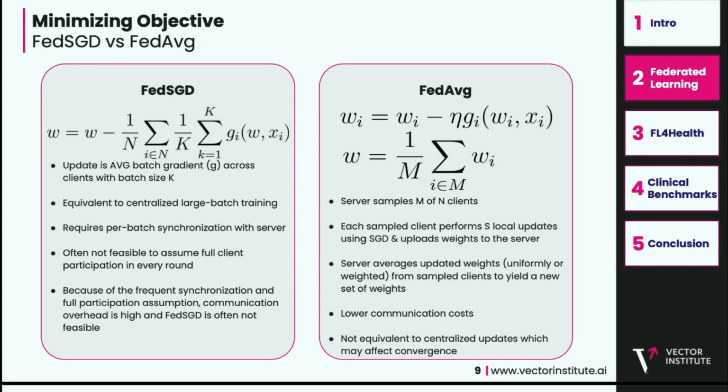But instead of just taking one optimization step locally, we're going to take a specified number of steps locally and then transmit the weights back. By virtue of not sampling all of the clients and by taking more than one optimization step locally, we're going to have to communicate with the server less. But the trade-off is that it's not equivalent to centralized training, which may affect our convergence.